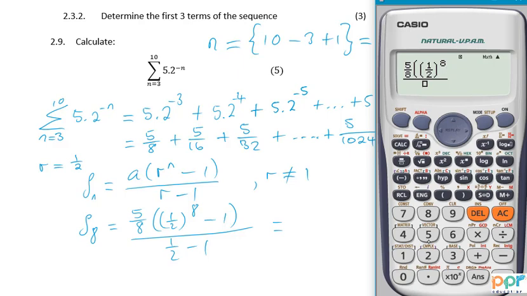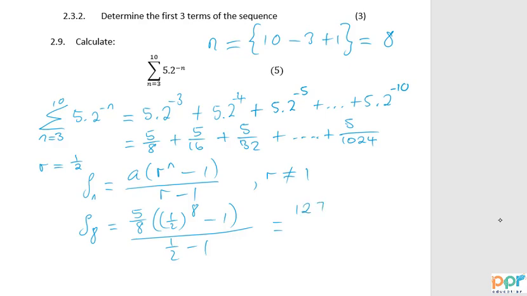They want this. This is what they want, because it's 5 marks, due to the mark allocation. And then your final answer is 1275 over 1024. This is your final answer for this.